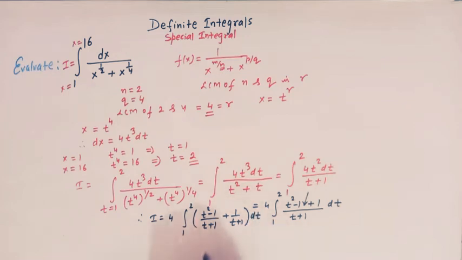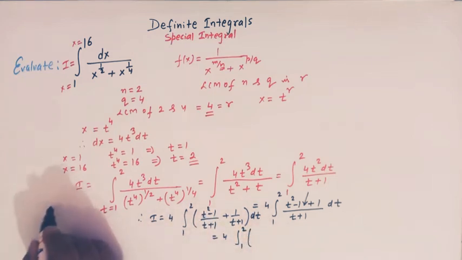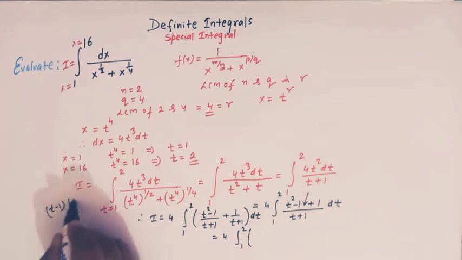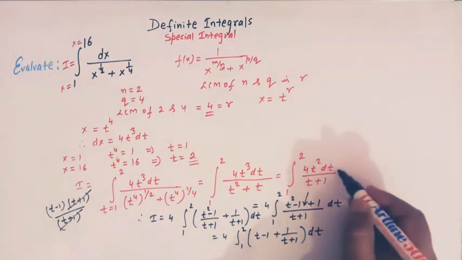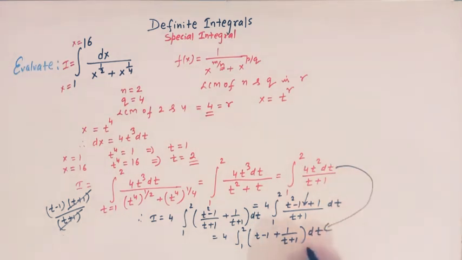Now we can simplify further, as t square minus 1 can be written as t minus 1 times t plus 1, and in the denominator we have t plus 1. This t plus 1 and t plus 1 get cancelled, so we are left with t minus 1, and here we have 1 over t plus 1. So now this integral reduces to this one.